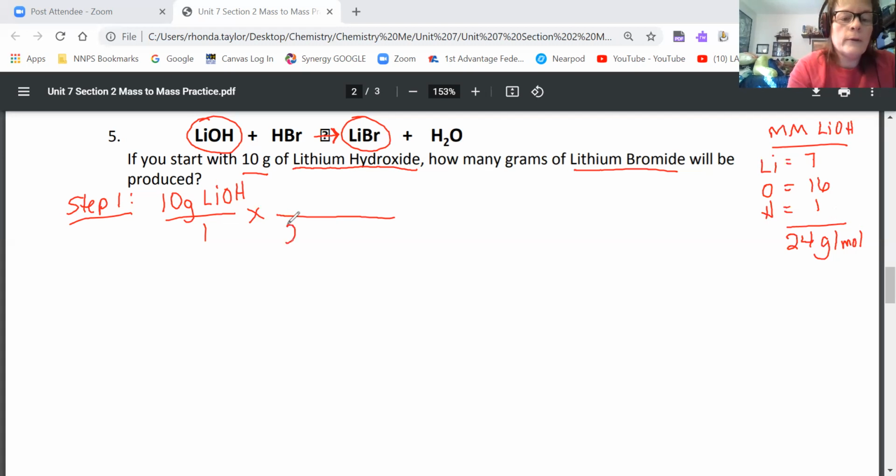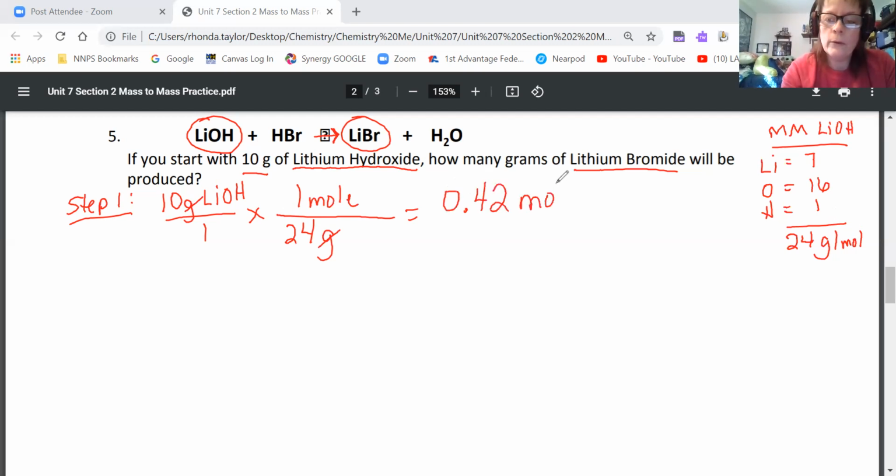All right, so 24 grams per mole. Cancel out your grams, and that's going to leave you with moles. When you do your math, you'll see that you have 0.42 moles of lithium hydroxide found in those 10 grams.